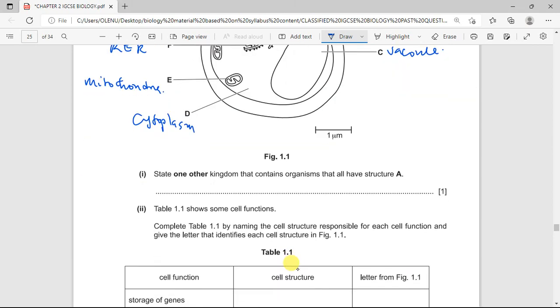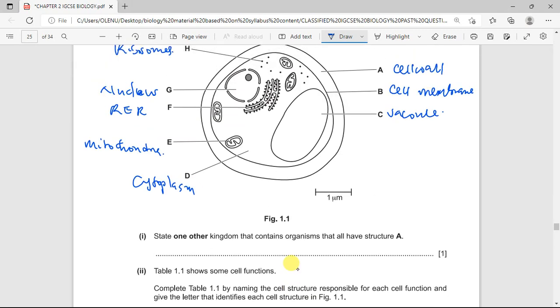Okay, if this is it, state one other kingdom that contains organisms that have structure A, cell wall, that's plant.